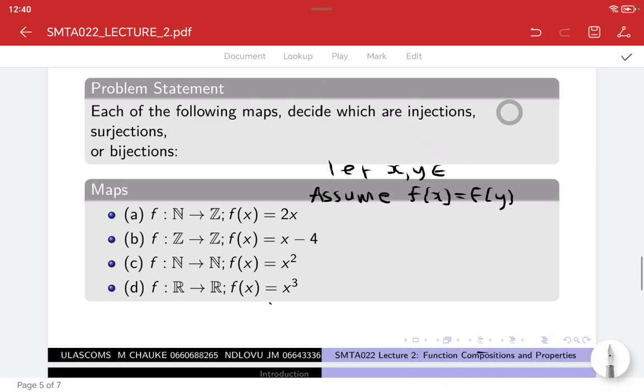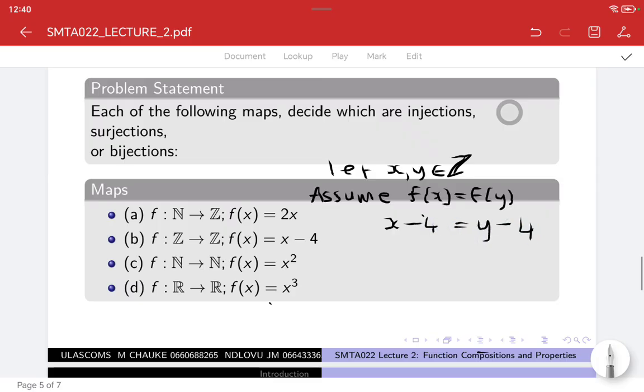Here we're just going to take two elements from Z. Then we say f of x is x minus 4 and f of y is y minus 4.